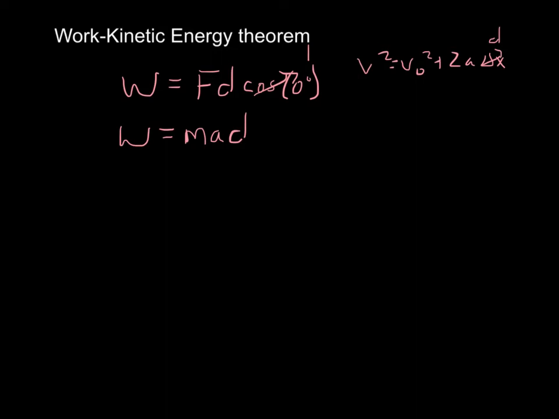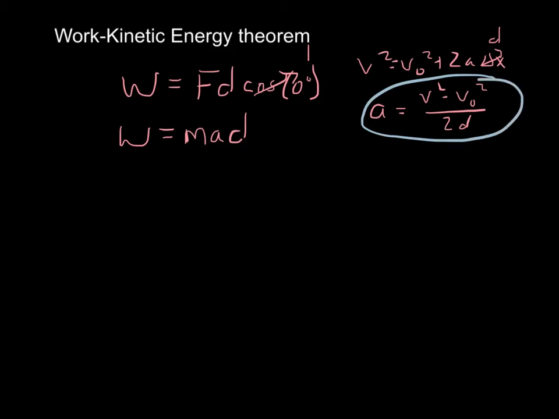It's a displacement. And so let's solve for acceleration. And we get acceleration is equal to v squared minus v naught squared over 2 times d. And then we're going to take this expression and we're going to throw it in here for a.